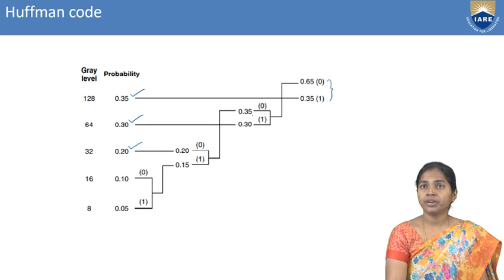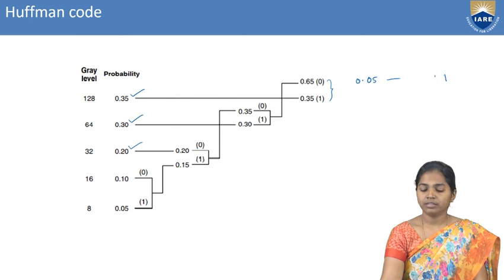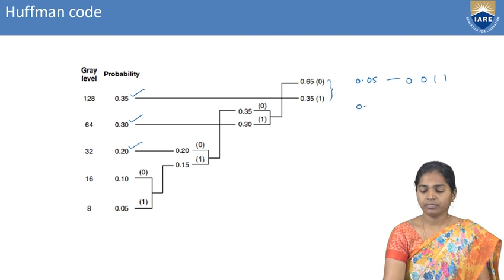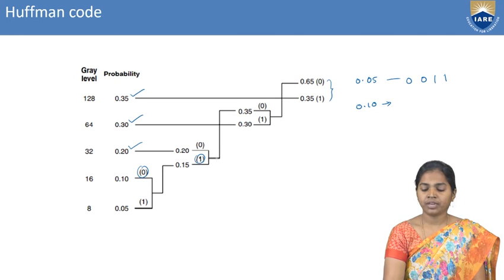Add these two, 0.35 plus 0.30, and here it is 0.65. So here it is 0, here it is 1. Then the code bits are assigned going back through the tree, with 0s and 1s for 0.05 and 0.10.